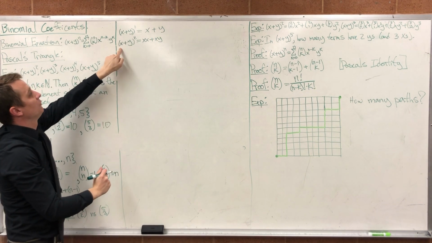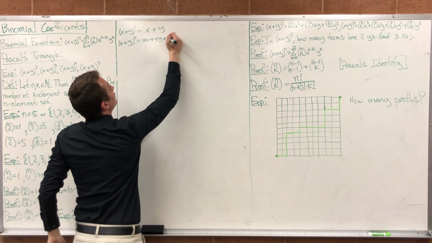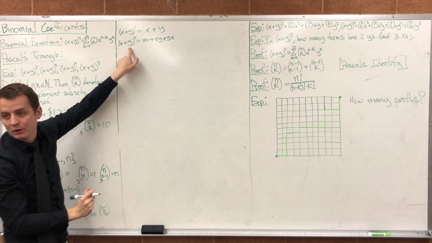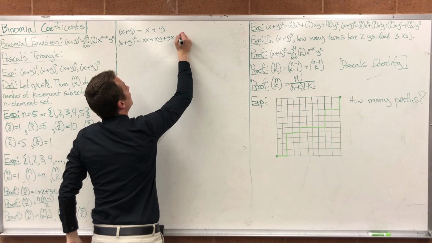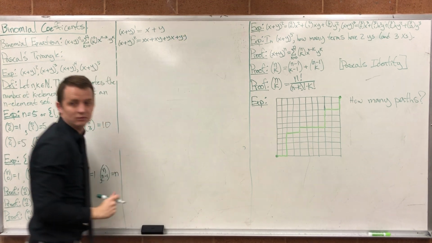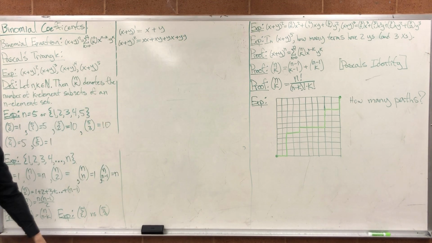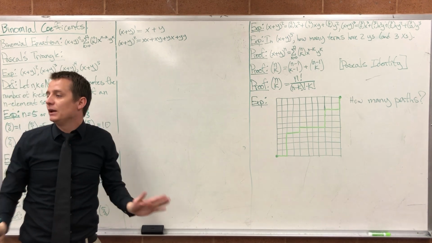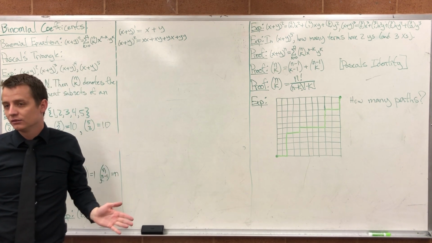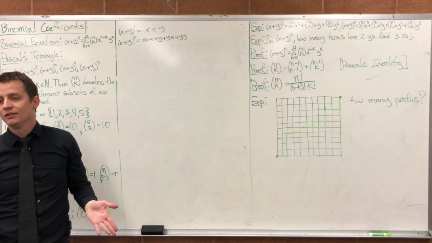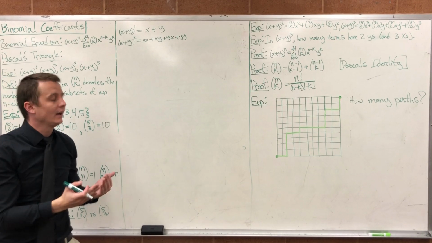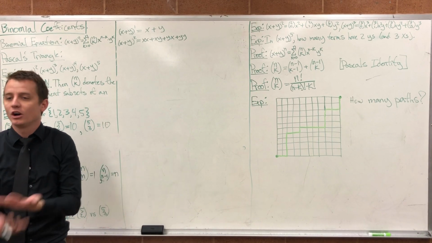I could do the y times the x. And I could do the y times the y. You follow that? Completely unrelated question. How many two-element lists could I make using the letters x and y? 4. What are those lists? I could do xx, xy, yx, yy. Those are all the possible lists.